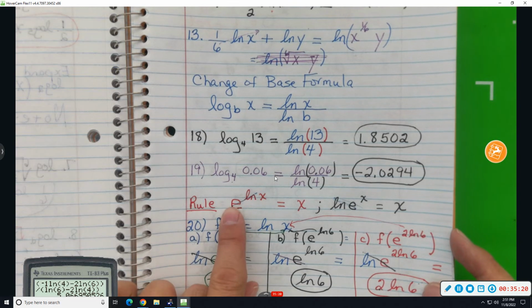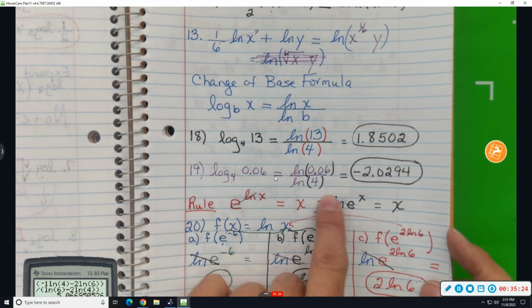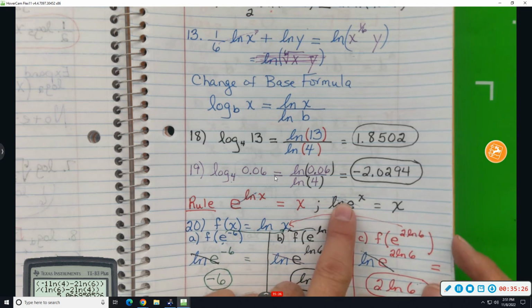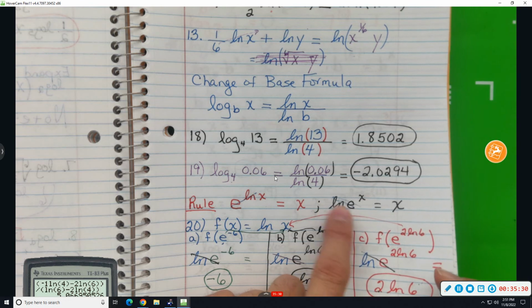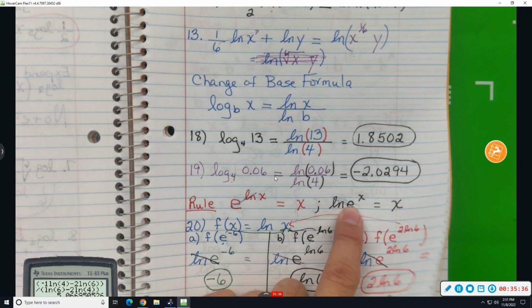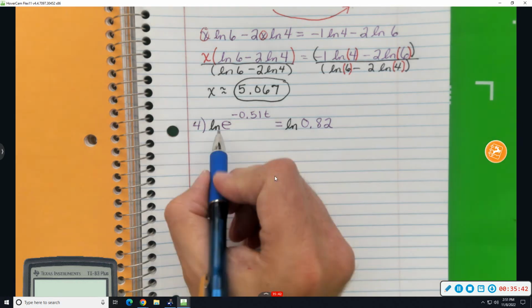We had the rule that if you have e and ln side by side like this, they cancel out. In other words, ln and the exponential function e to the x are inverses. If you look at this rule I have right here, where the ln and e cancel each other out, what am I trying to say is about to happen right here on the left?